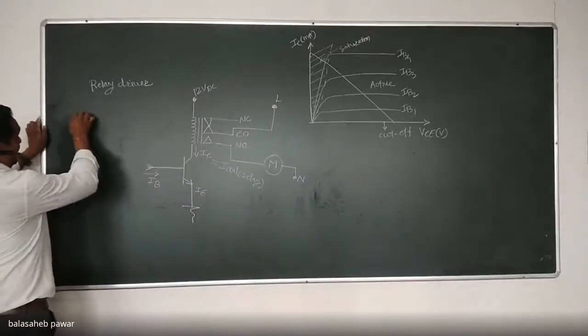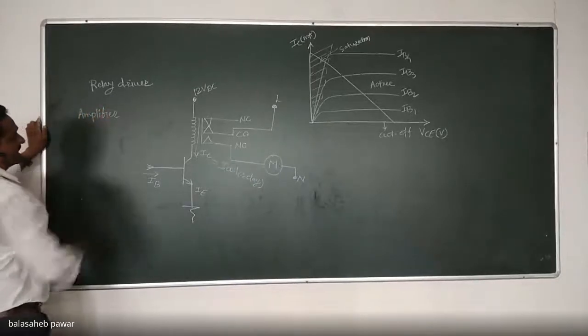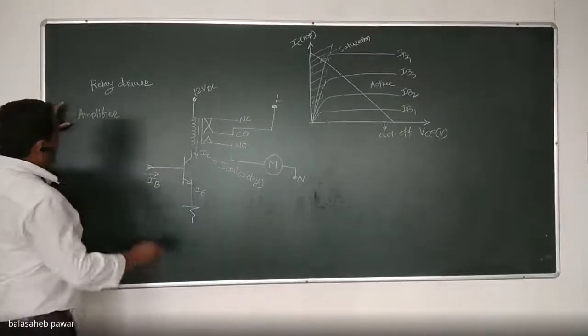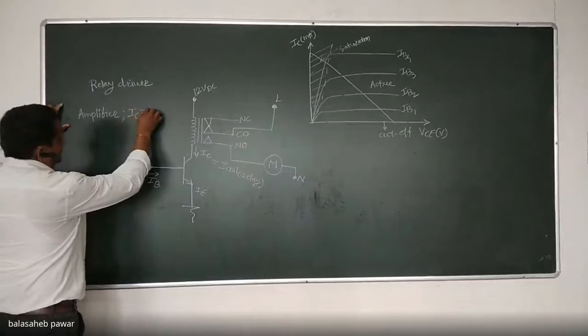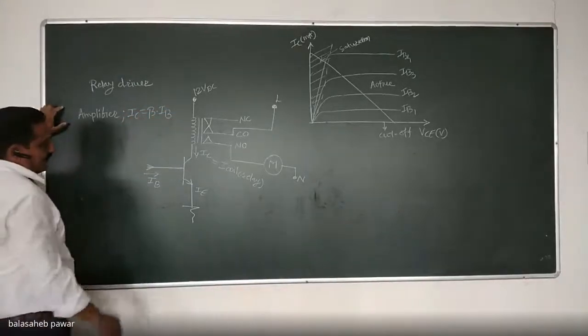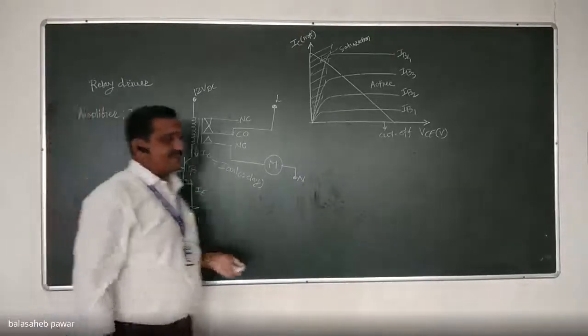Being an amplifier, that transistor should get work into the active region, it will be possible only when IC equals to beta times of IB. You might have learned this equation, that beta is nothing but amplification factor of that transistor.